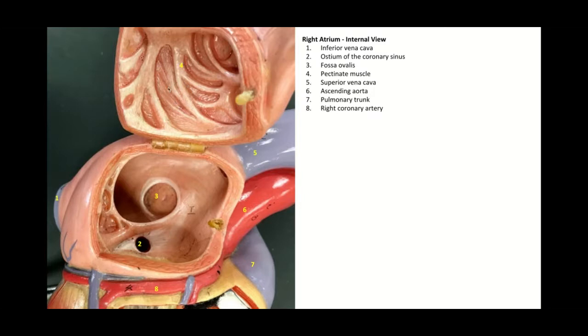These muscle ridges are called pectinate muscles, but inside the atrium, the surface is completely smooth. We don't have any muscle ridges here. So the auricle has muscle ridges, but the atrium doesn't.